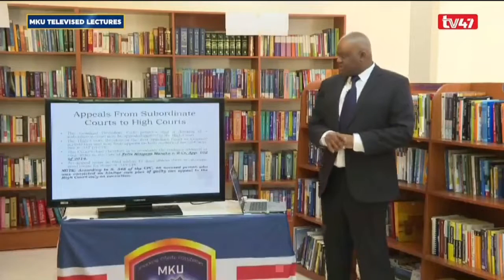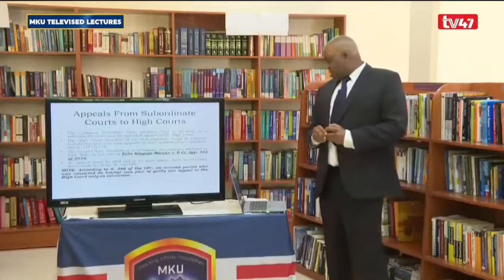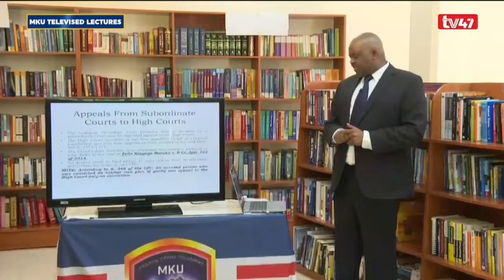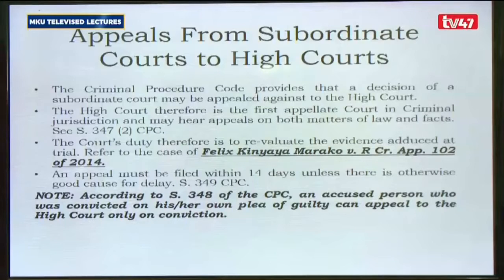Now, briefly, we look at appeals from the subordinate courts to the High Court. An appeal from the subordinate court to the High Court is ordinarily by way of a petition of appeal, which must be filed within 14 days. And of course, it's normally on matters of fact and law.